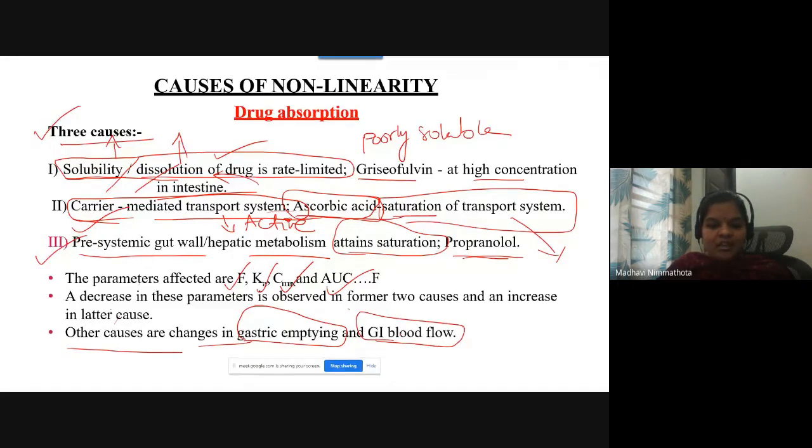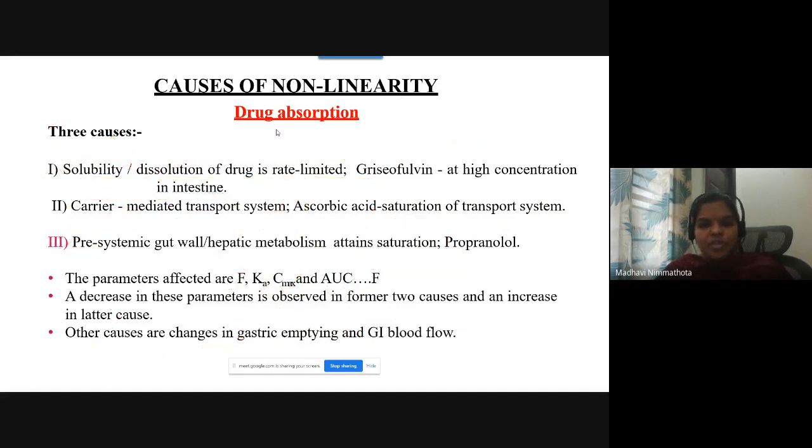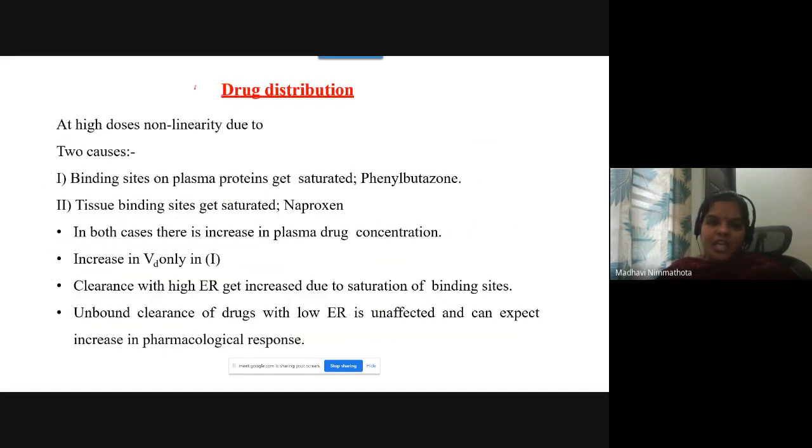So these are other changes, and you have to focus only on these three major changes. Because of these three changes, the drug will have nonlinear kinetics in its absorption. And then in case of distribution, why does the nonlinearity happen? See, this is also in two cases.